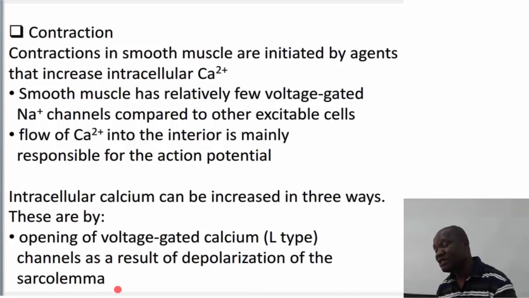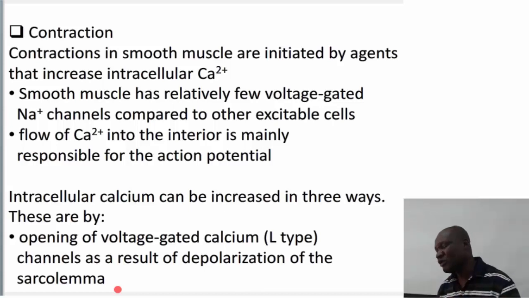Unlike in the other excitable tissues, where depolarization is due to influx of sodium ions, in smooth muscle it is due to the influx of calcium.